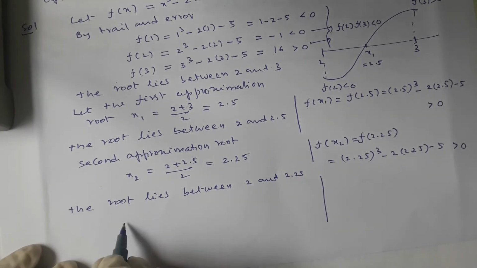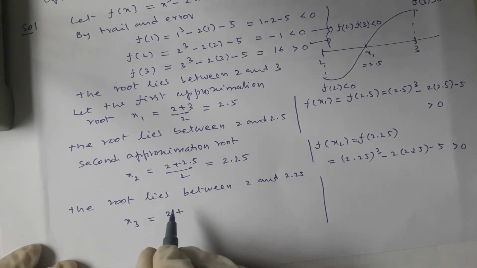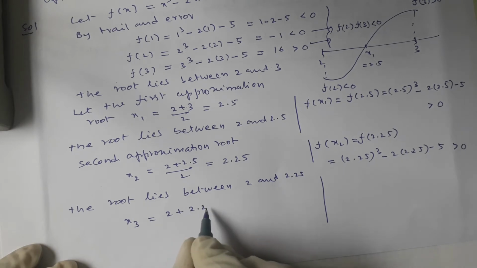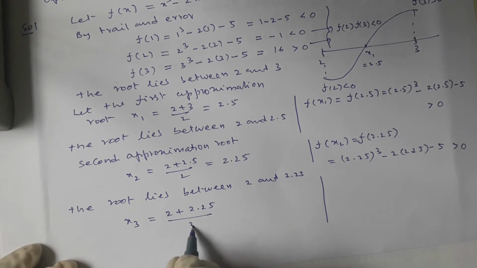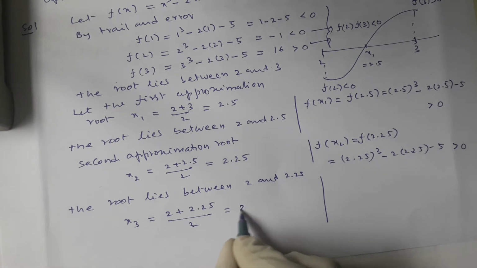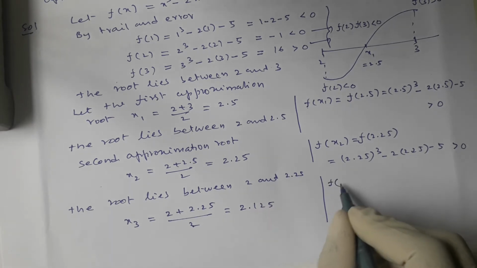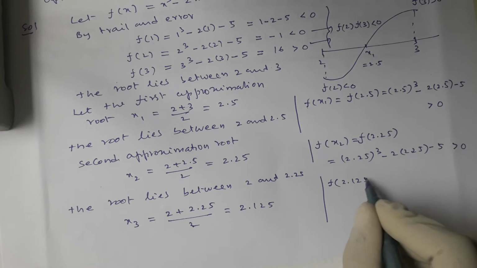So the third approximation root x3 is equal to 2 plus 2.25 by 2 is equal to 2.125.